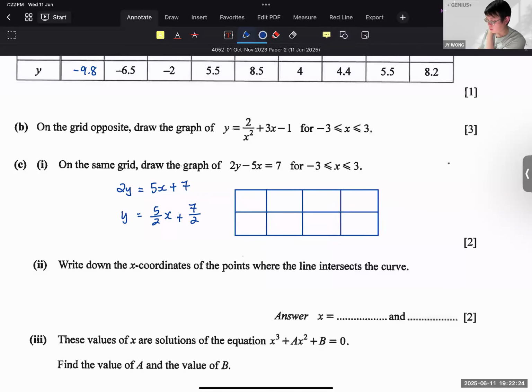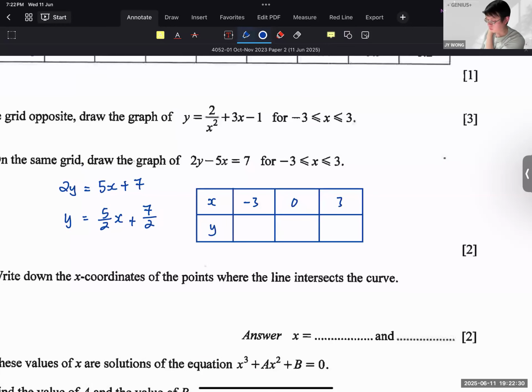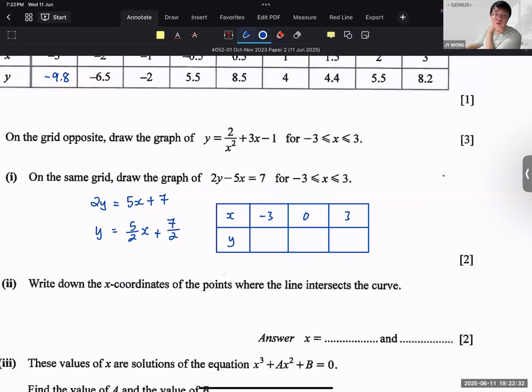So it's a 2-mark question because you are supposed to give me the table of values. So you use convenient values like -3, 0, and +3. But there's a case here not to use -3 and +3, right? There's a case here because your denominator is 2, right? You may want to consider using -2 and 2 instead, so that it gives you better numbers to work with.